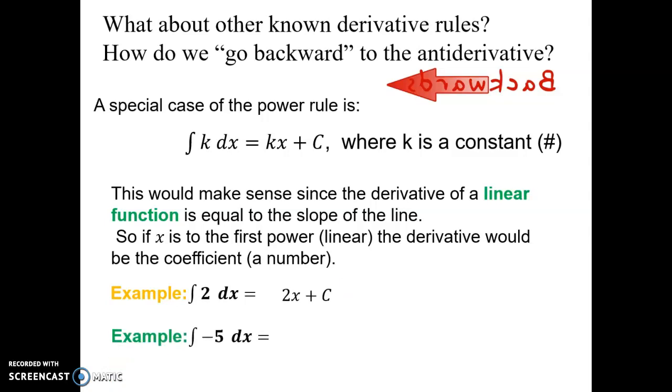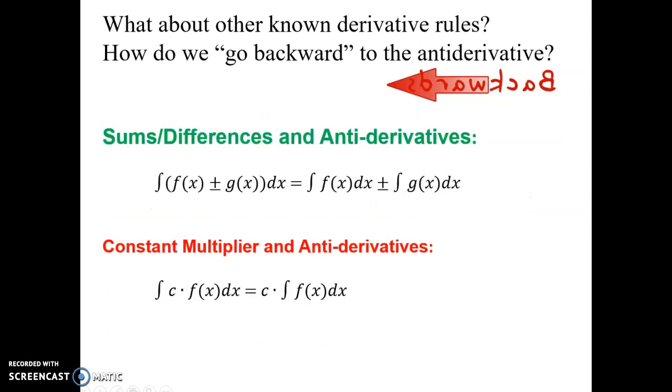If I asked you to find the general antiderivative of -5, you would say that is -5x plus c, using this rule. This is a special case of the power rule called the linear rule for antiderivatives. So when we're just given a number, we can go backwards by just tacking on an x.